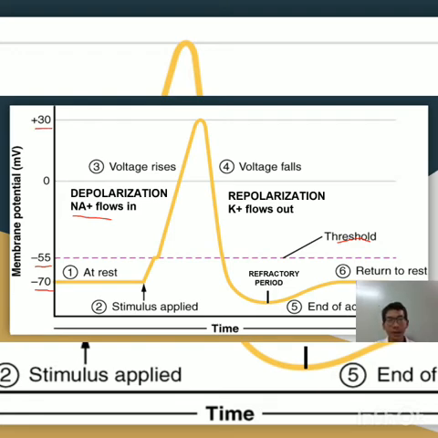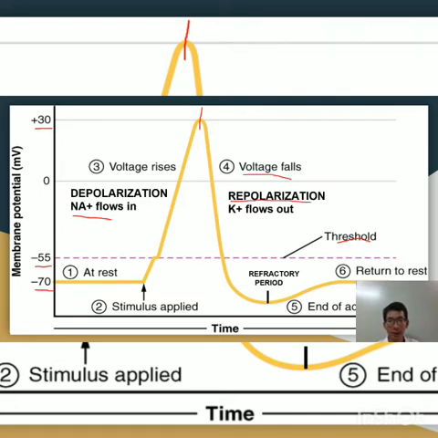When it reaches positive 30, there is a change in polarization: the sodium gates will close and the potassium gates will open. So the potassium ions will flow out of the axon. We call it repolarization, and the voltage will fall.